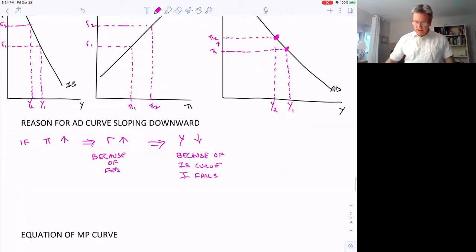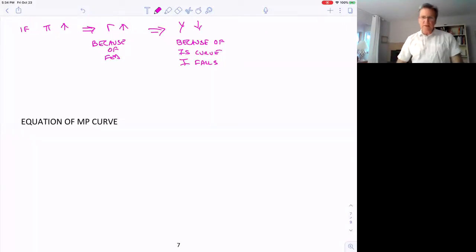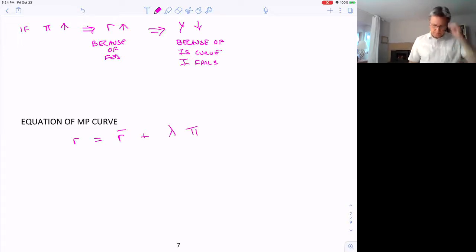Okay, so what's the equation of this MP curve? Well, for simplicity, we just draw it as a straight line. The equation for a straight line is just y equals mx plus b, and we'll do the same thing. We'll set it to r equals r bar, which is the intercept, plus lambda times inflation. Just the equation of a straight line.